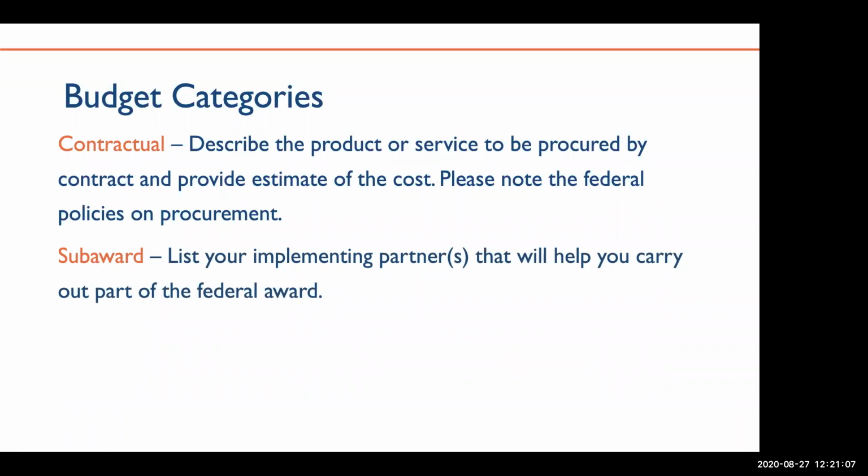This is Andy again. I'm just going to go a little bit deeper into two additional budget categories, contracts and subawards. It's likely that the organization submitting a proposal is going to plan to work with partners in the United States and/or the Middle East and North Africa.